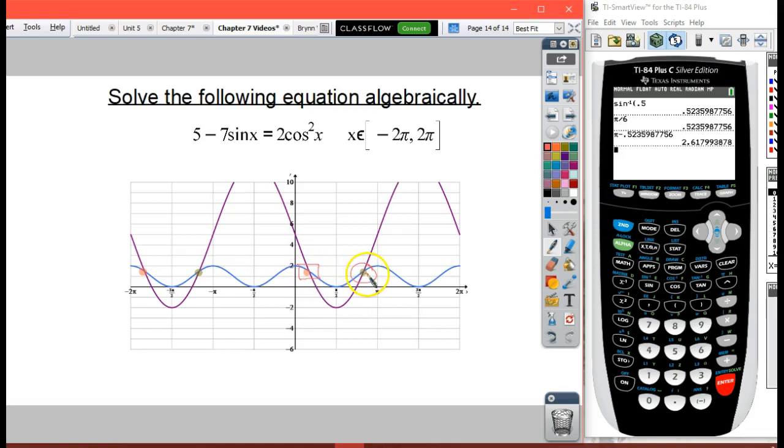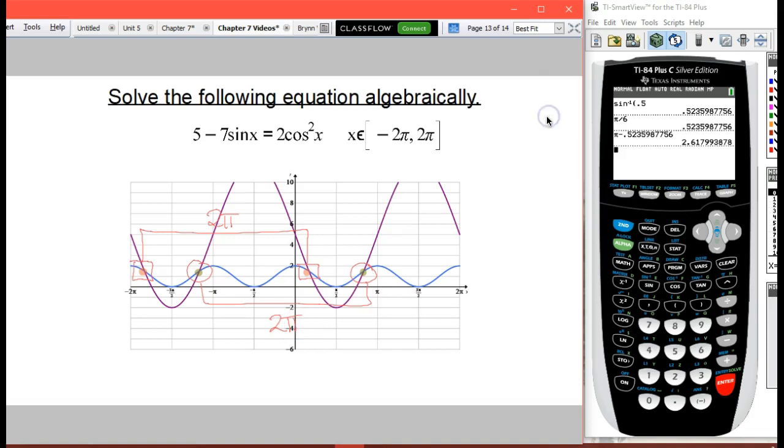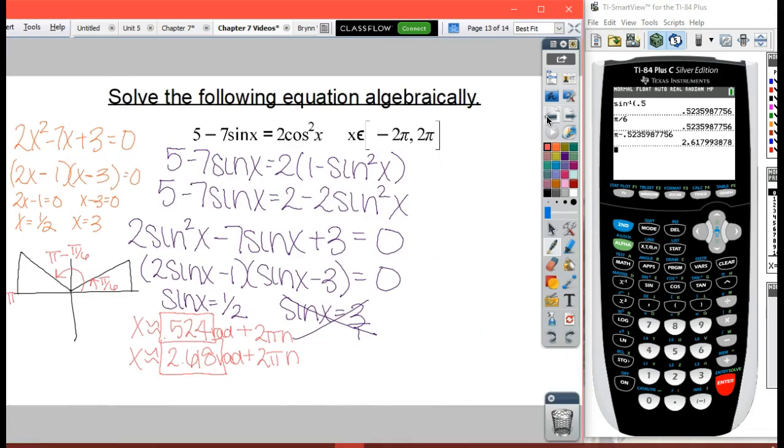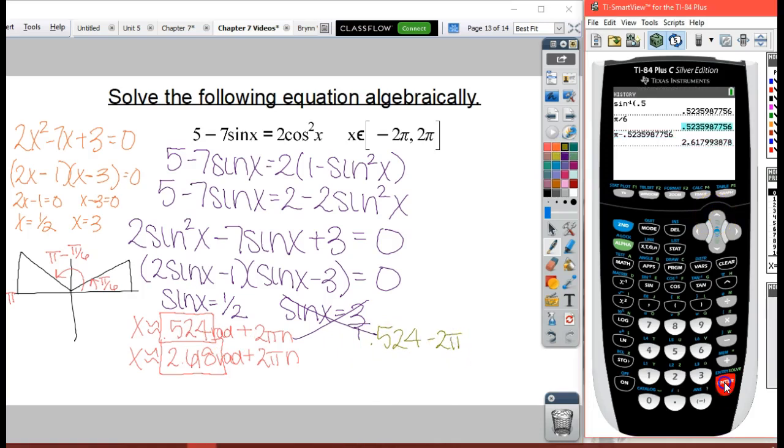Now I can see that to find my others, I'm going to need to subtract 2 pi from both. These two are going to be 2 pi apart, and these two are going to be 2 pi apart. So again, looking at the graph helps us figure out what we need to do to get to our other answers. Now that I have the 0.524, I'm going to subtract 2 pi. Even though I'm rounding on my paper, you'll want to use the entire answer in your calculator, especially for typing answers into WebAssign.